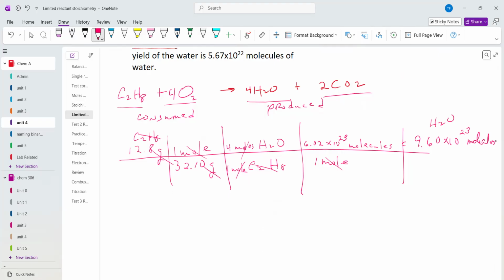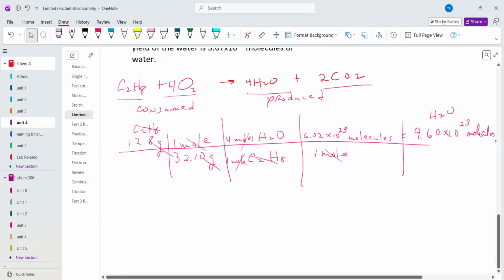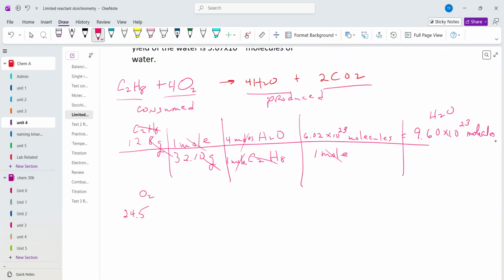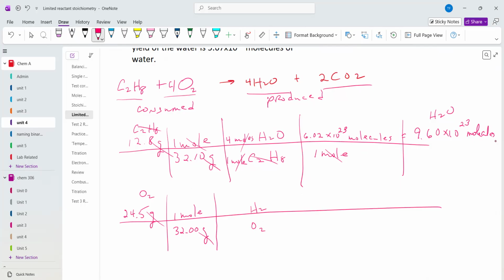Okay, now we're going to do a similar one using oxygen instead of methane. Each oxygen is 16 grams, so 2 of them is going to be 32 grams. And again, to get this from the periodic table, it's a decimal number. Okay, so we need to have oxygen on the bottom, water on top.